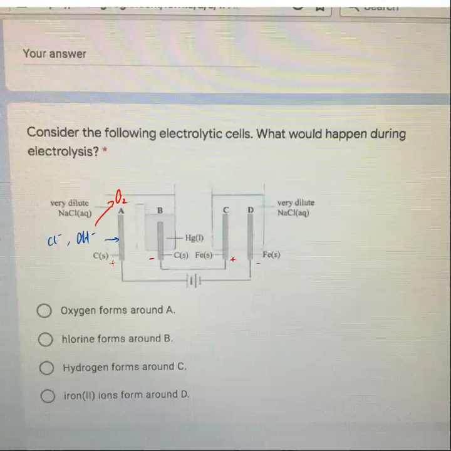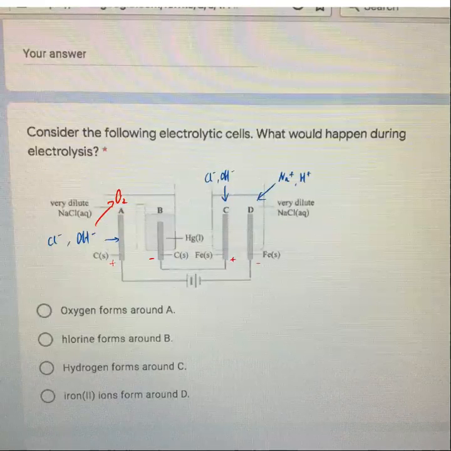For this part, we also got sodium chloride as the electrolyte. However, on this side, we got iron as the electrode, so not an inert electrode anymore. We got a metal as the electrode, so you need to consider whether the metal is going to be involved in the reaction or not. So again, we should be able to write what is the ion that is attracted to this side. For the positive one, negative ion will be attracted, and for the negative electrode D, it is the positive ion.